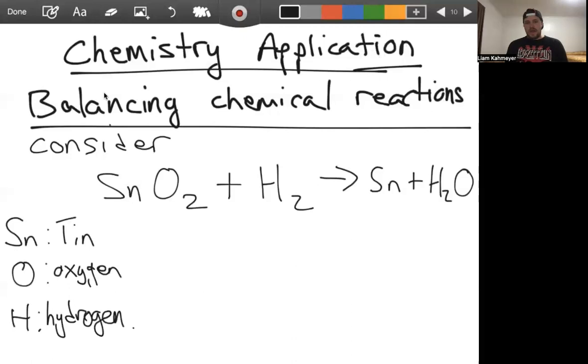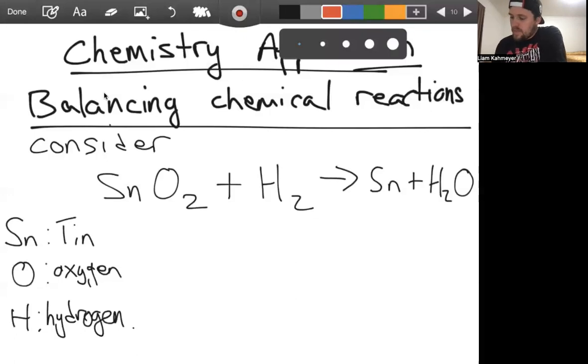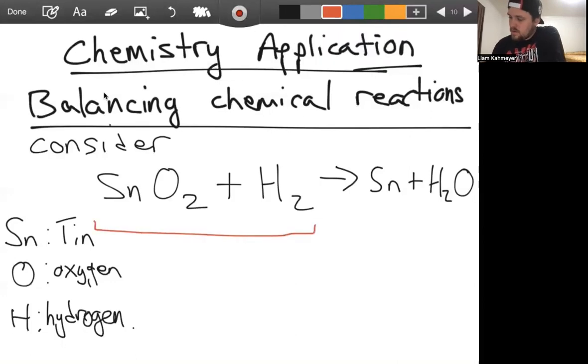Okay, and so we know that the number of molecules or atoms on this side needs to be equal to the number of atoms on the other side of the reaction. During an interaction, this number is conserved.